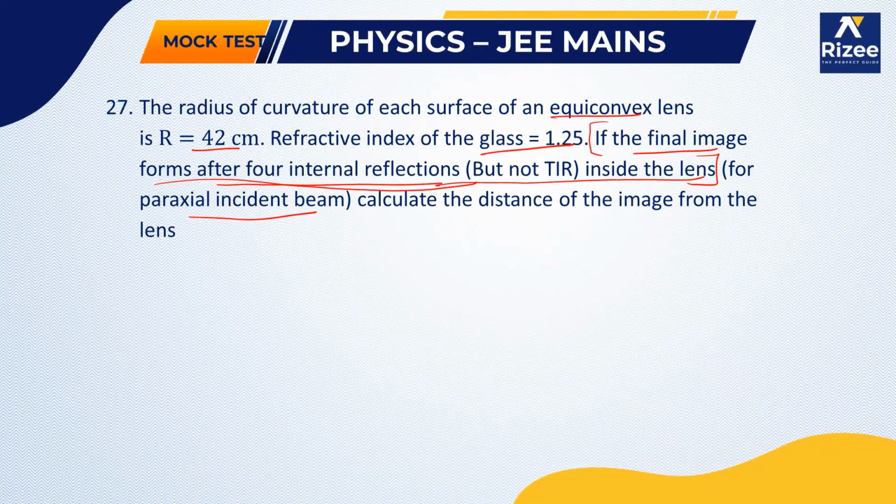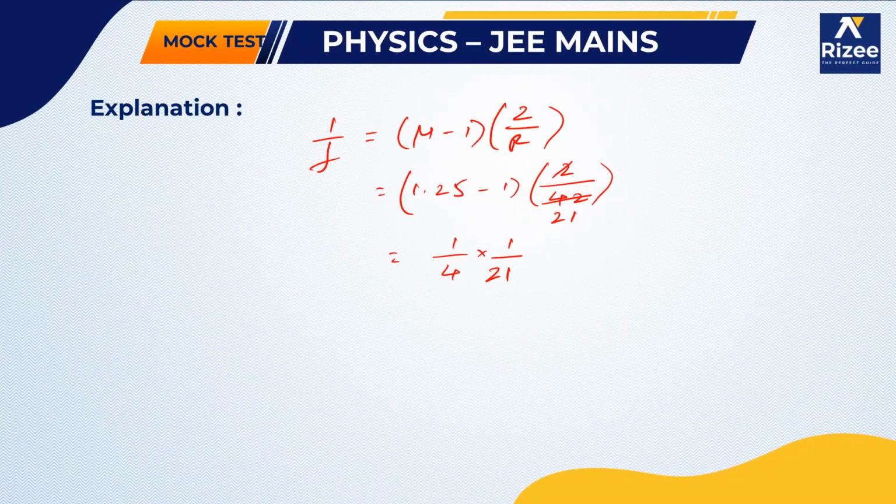Because it is entering into the lens and leaving the lens, it is refracting 5 times. So in that case, let us solve this in a new way, because we have neglected that portion in this one.